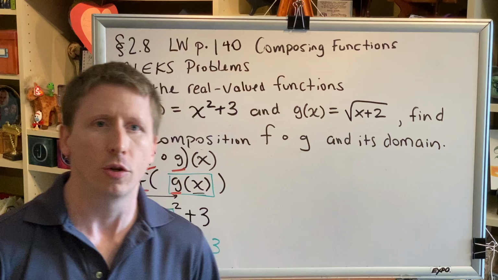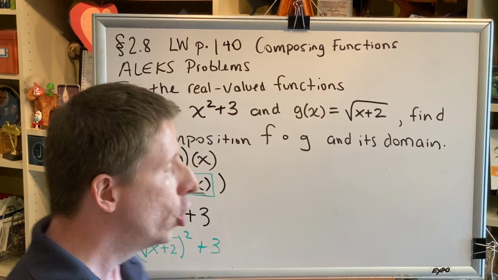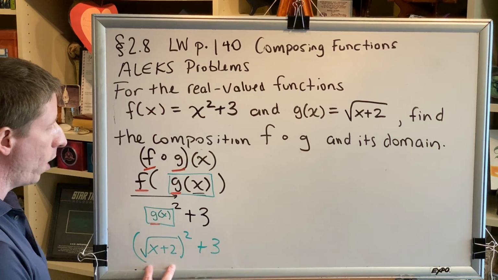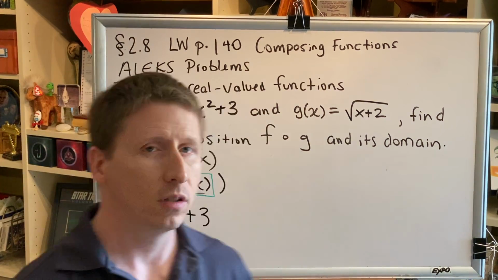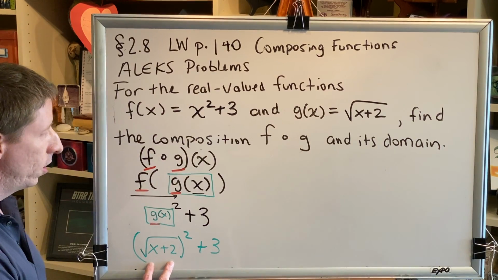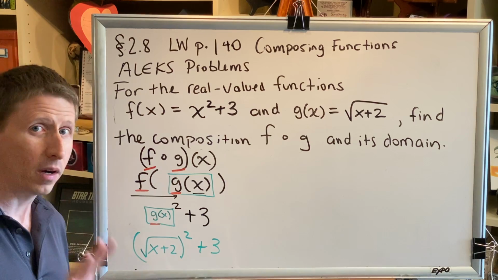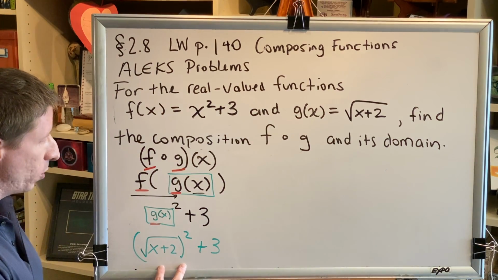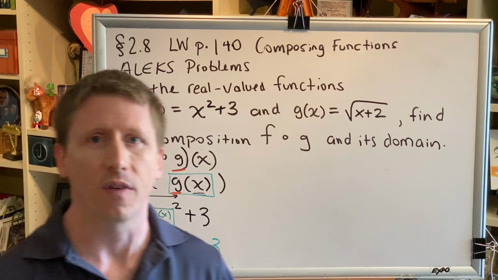Now I'd like to talk to you just a little bit about why it's so important to stop at the correct time. You probably know that when you have a square root and you square it, the square root and the square cancel, leaving you just what's underneath. Eventually we are going to simplify this. Not now, but eventually, and when we do, this will turn into x plus 2 plus 3, which will simplify to x plus 5.